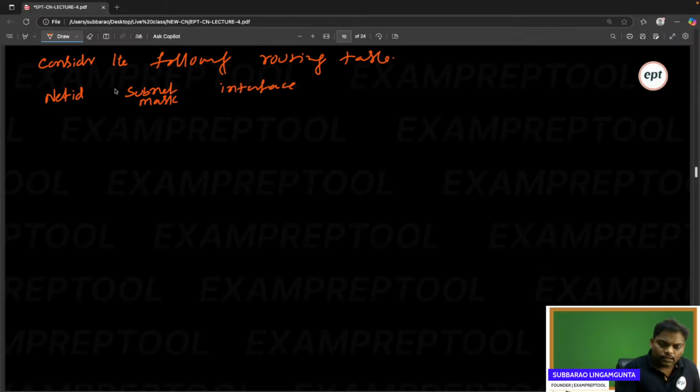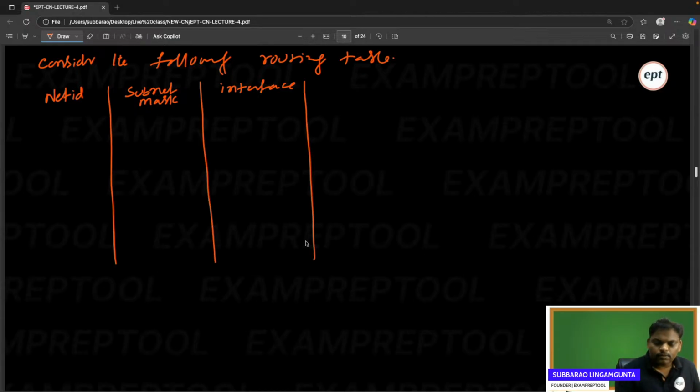So these are the three things: Net ID, subnet mask, interface. Let's see one by one.